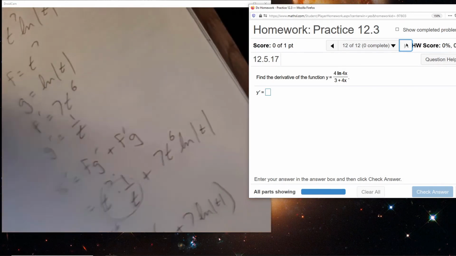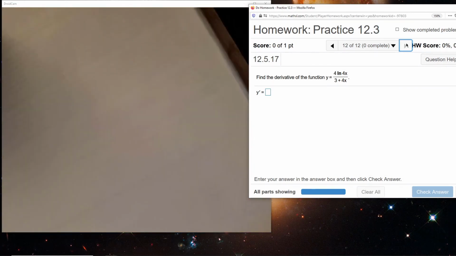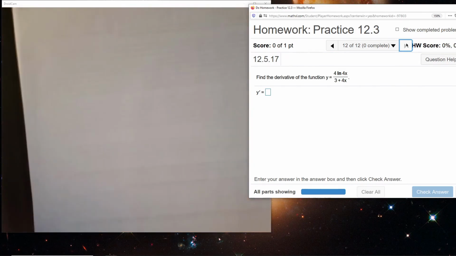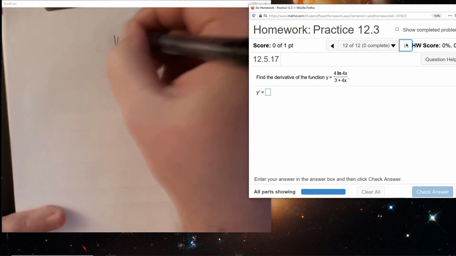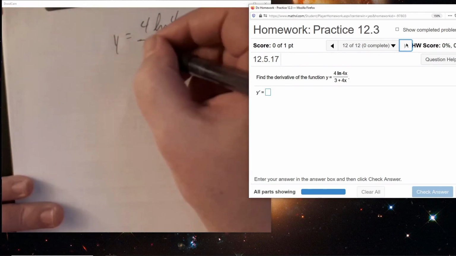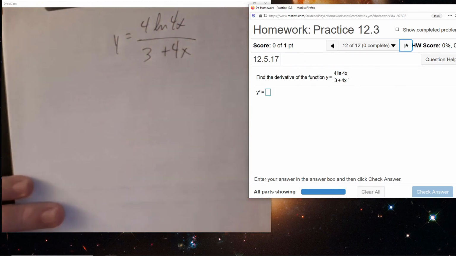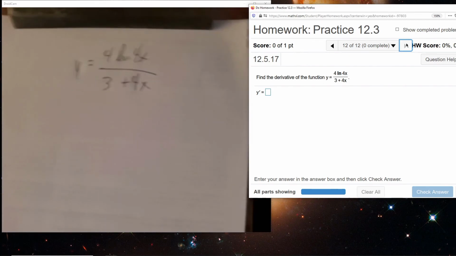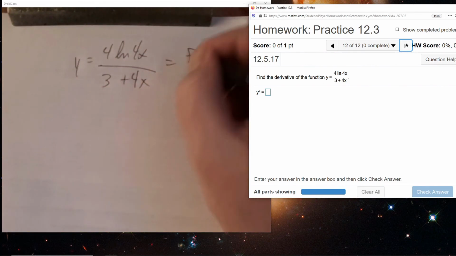So the last one. So there's division. Division means quotient rule.